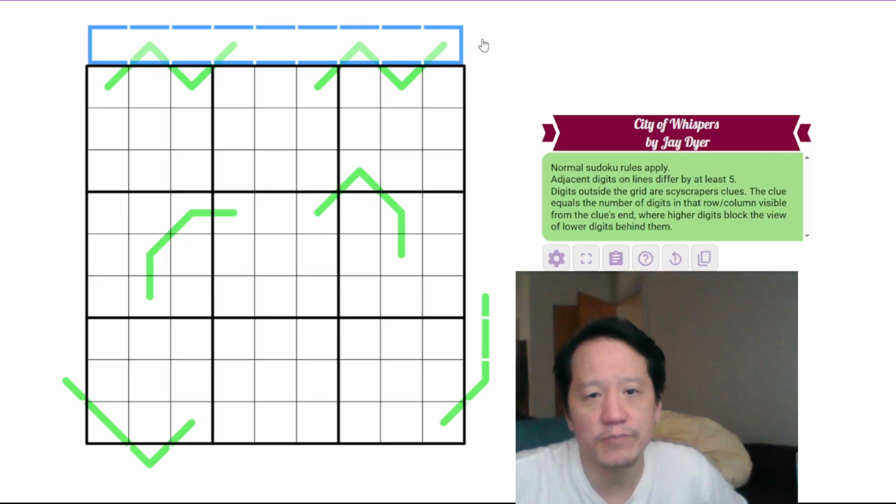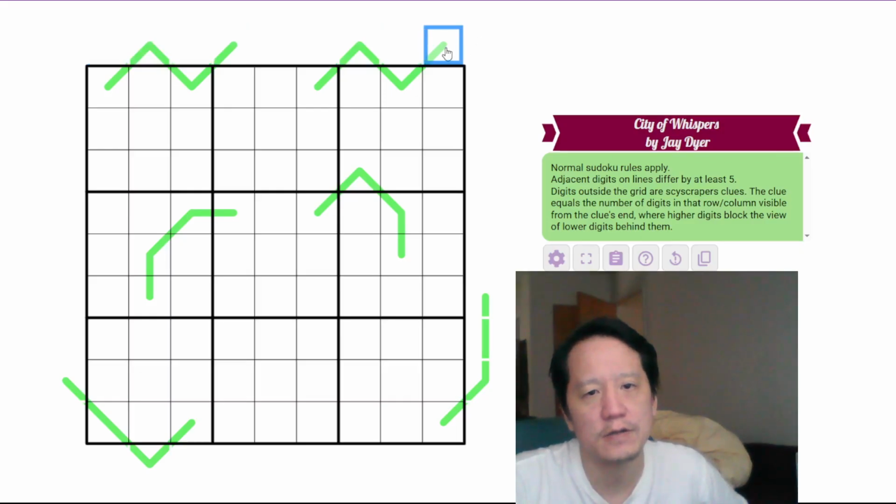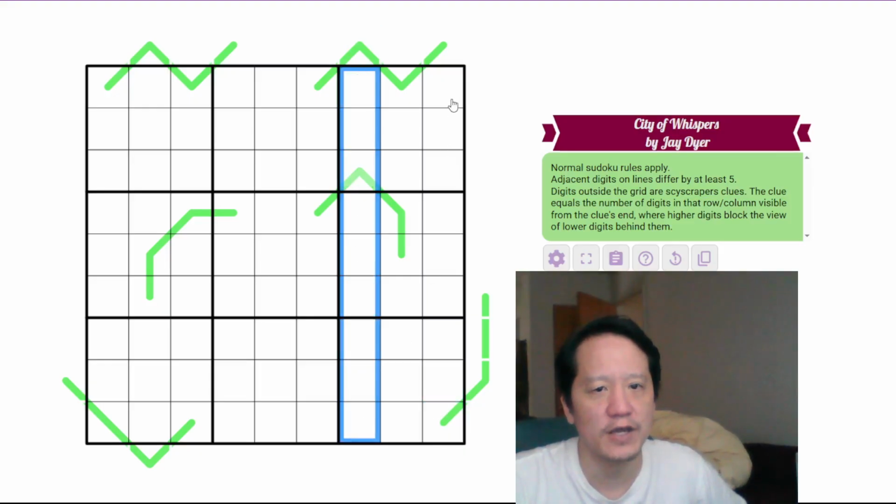Because to make sure you have 9, that would mean you'd have to see all the digits in the row or column, which means you would guarantee see 1, 2, 3, 4, 5, 6, 7, 8, 9. But then if you have another 9, it would be the same thing, and you'd have a repeat in a row here. Same with 1. If you see only 1, that means guaranteed 9 is the digit here, but you can't have another 1 here.